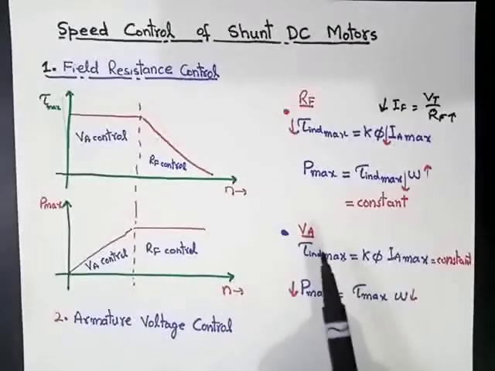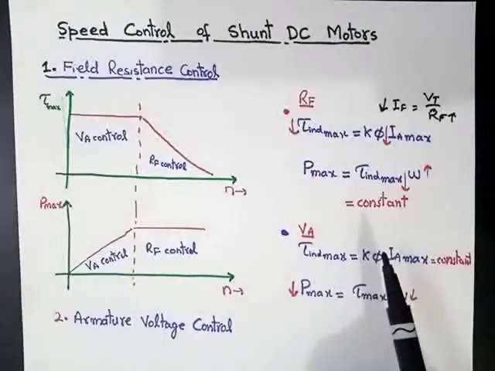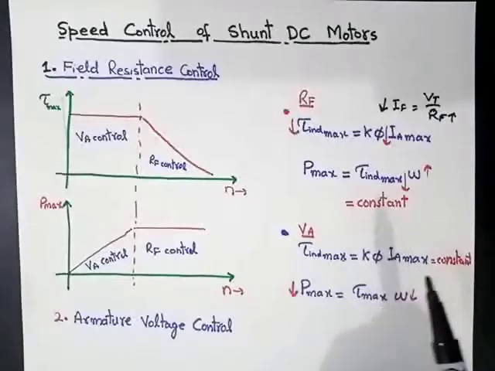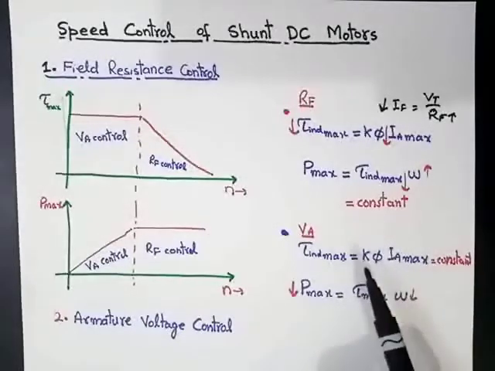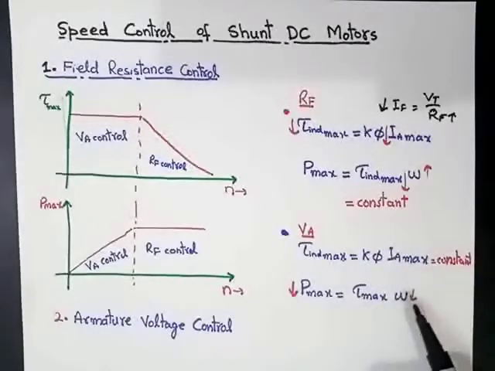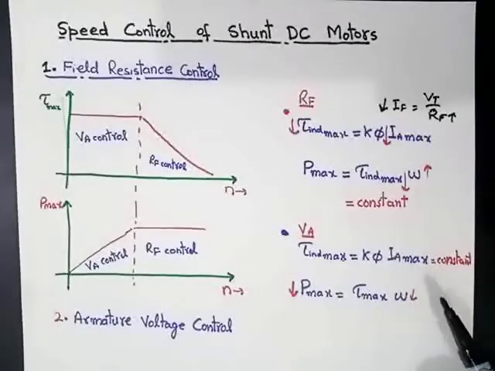Now, in case of the armature voltage control method, as we know, when the armature voltage decreases, the speed of the DC shunt motor will decrease as well, as we have already discussed in detail. When the speed decreases, the maximum power will decrease as well, because the relationship between speed and maximum power is directly proportional.